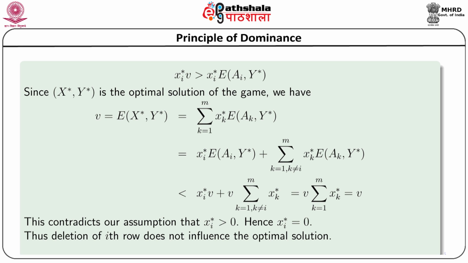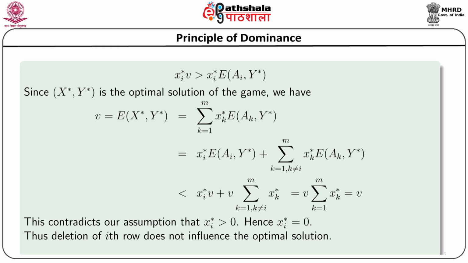Again, since x star, y star is the optimal solution of the game, we have V equal to E(x star, y star), which is equal to summation xk star E(ak, y star), where k varies from 1 up to m, and this can be simplified as xi star E(ai, y star) plus summation xk star E(ak, y star), where k equal to 1 up to m, but k not equal to i.